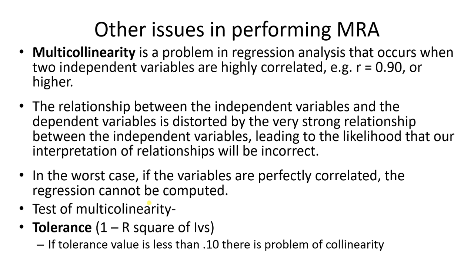Then the tolerance of x1 will be: we will predict x1 by the variables x2 and x3. There will be one capital R, multiple correlation, we will square it, and then we will subtract it from 1. If the tolerance value is less than 1, then there is a problem of collinearity.